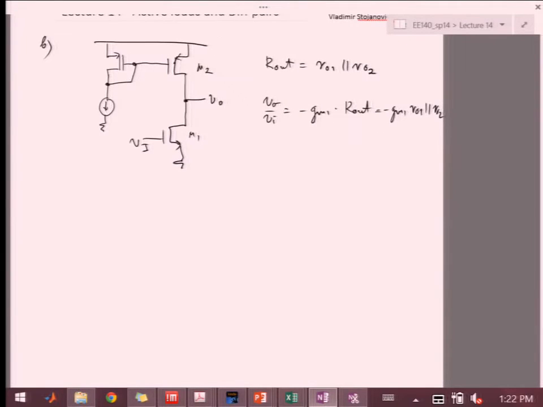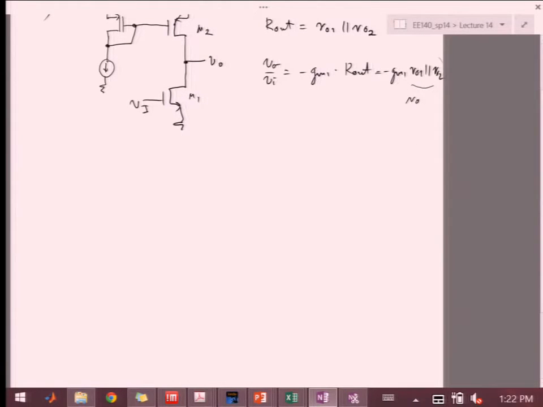Okay. The interesting thing here is you can say that this is essential. If these two are sized the right way, this is approximately some RO.